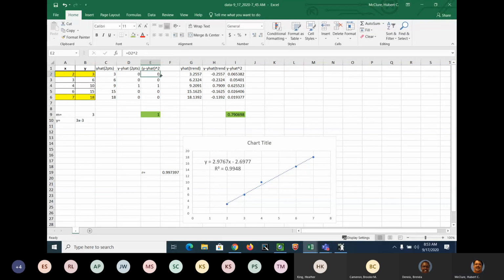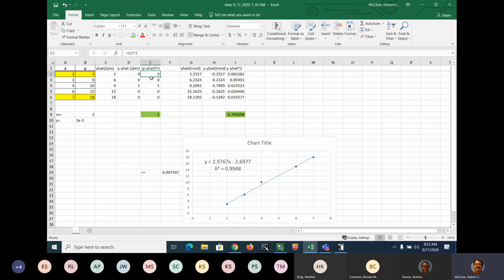But I haven't found how to do it with the trend line. So you're going to have to do this one by hand. This one you can find on your calculator. Okay, so I'll get to that in just a minute. So square each one.